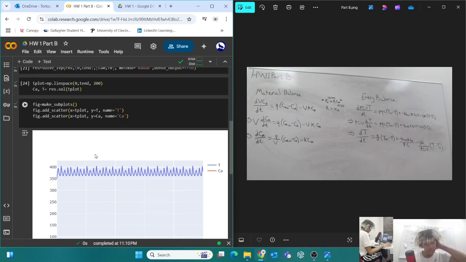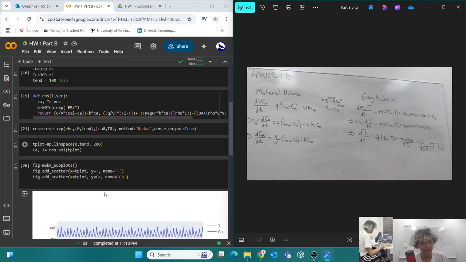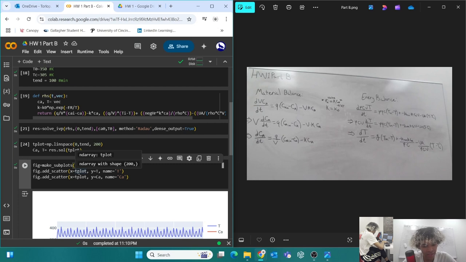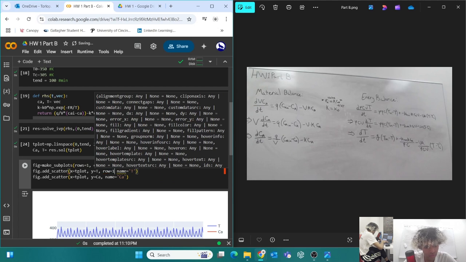Okay, give me one moment. I need to see what's happening here. Okay, so I'm back. I figured out what the problem was. I forgot to add in rows, which is 1, and then columns, which is 2. And then go here and do row equals 1, column equal 2.